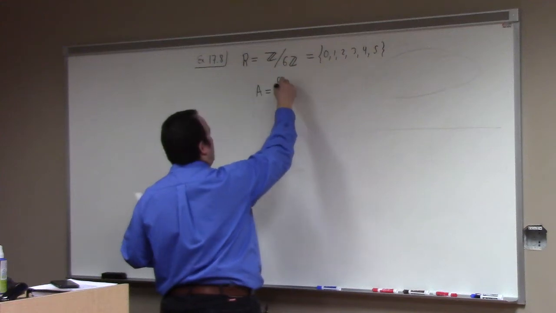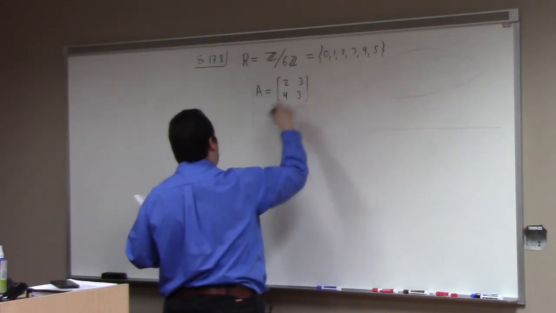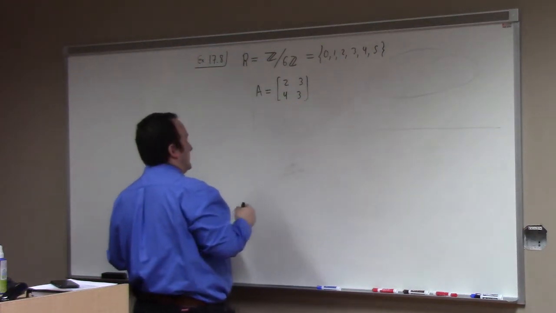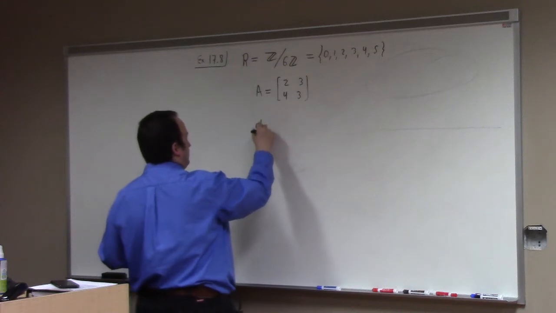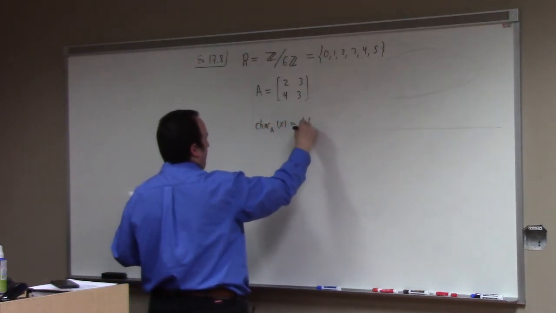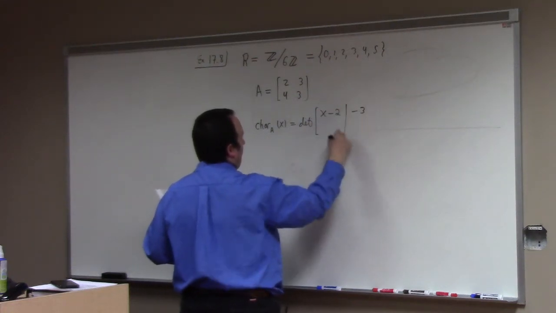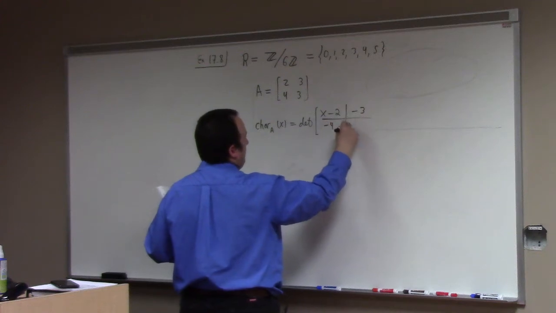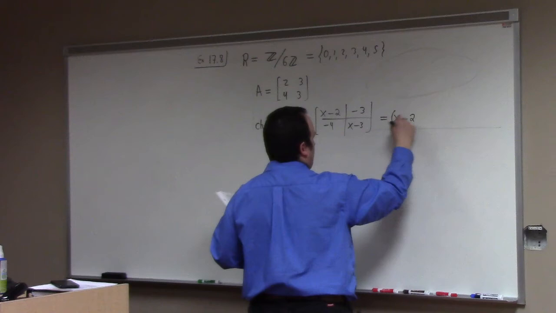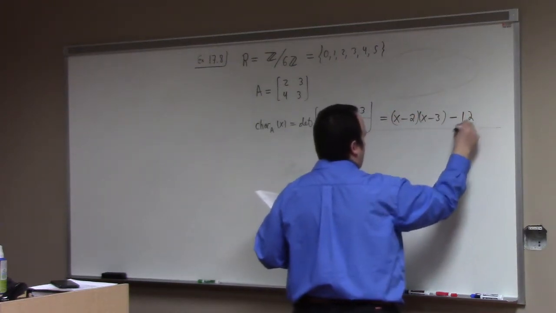Anyway, so here's the matrix A: 2, 3, 4, 3. This is a 2 by 2 matrix, obviously. What's the characteristic polynomial of A? We get x minus 2 times x minus 3 minus 12.